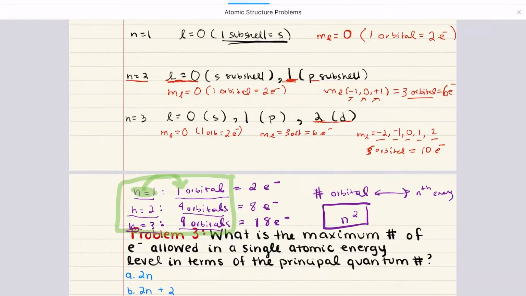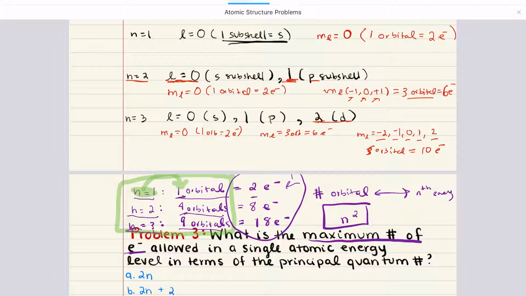This problem is asking us, what is the maximum number of electrons allowed in a single atomic energy level in terms of the principal quantum number? Now we have to consider this part: each orbital can hold a maximum of 2 electrons. That's how we got these numbers, just by multiplying the orbitals by 2.